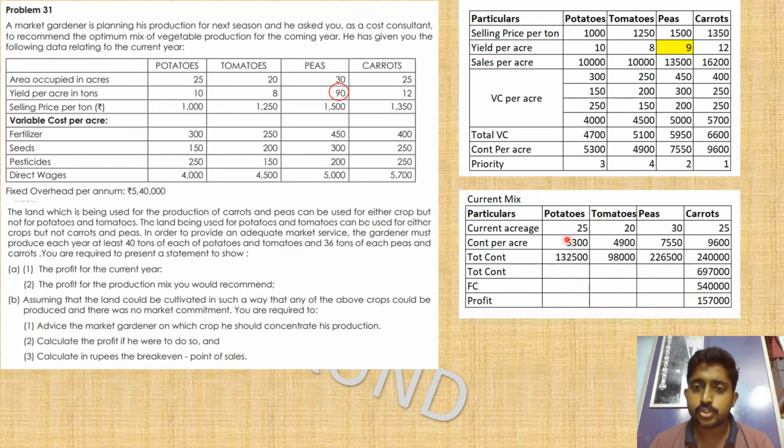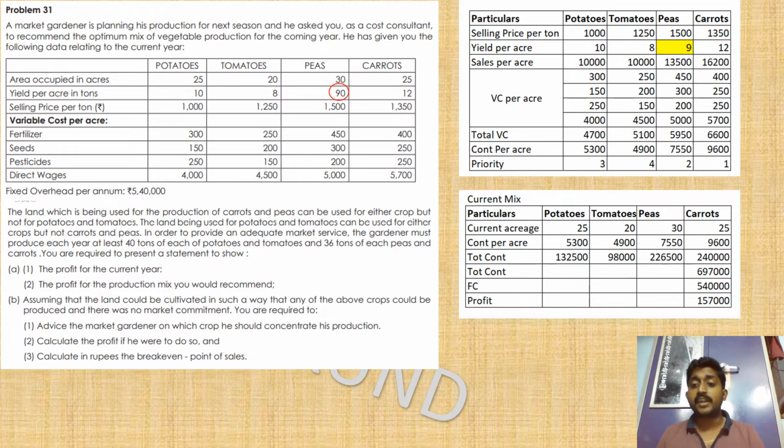Total contribution is contribution per acre multiplied by total acres for that crop. Totaling, the contribution comes to 6.97 lakh. Fixed overhead is already given as 5.4 lakhs. So total contribution minus fixed cost gives the profit of 1.57 lakh. This is the profit at the current level of land allocation.